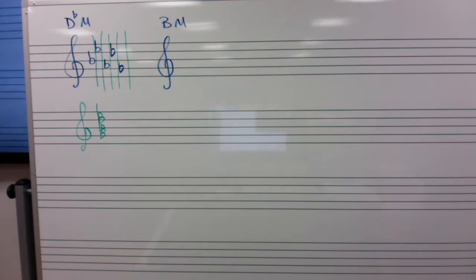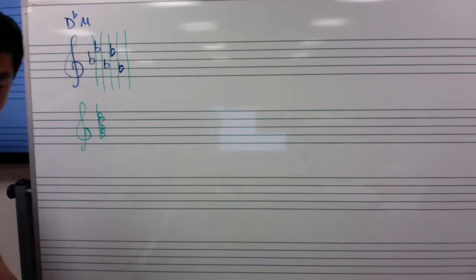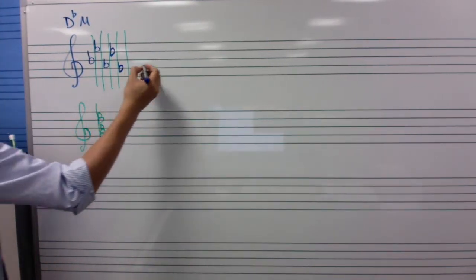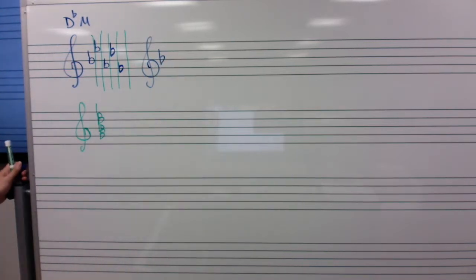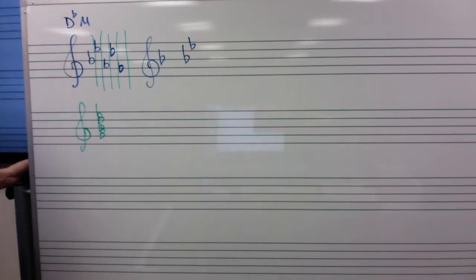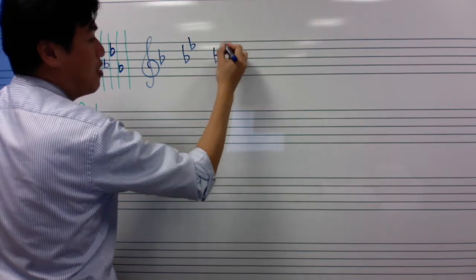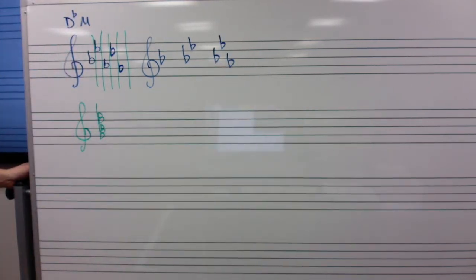And what are those 2 flats? B flat and E flat. Right. So if you have a major scale that has only 1 flat, it will be a B flat. If it has 2 flats, it will always be B flat and E flat. If it's 3 flats, it will always be B flat, E flat, and A flat, and so forth.